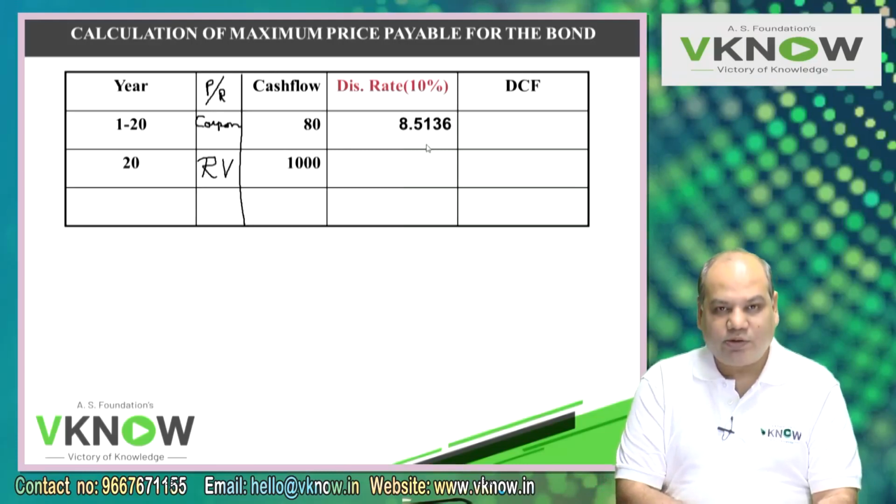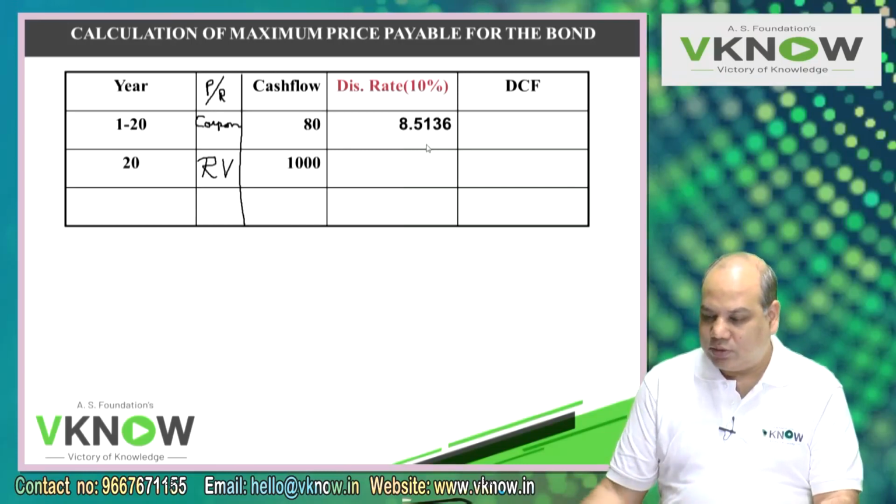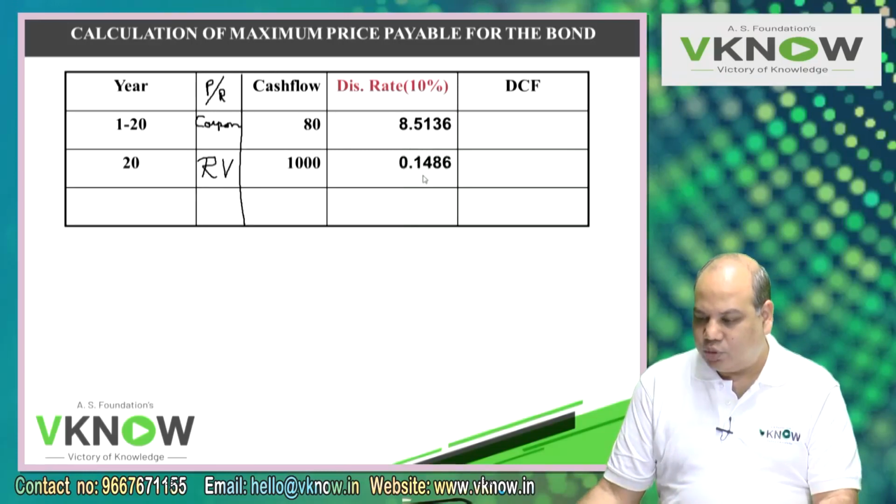Otherwise use memory plus function. And what is the factor for only 20th year? 0.1486. Check. If you are able to get the factors right, then multiply and add.